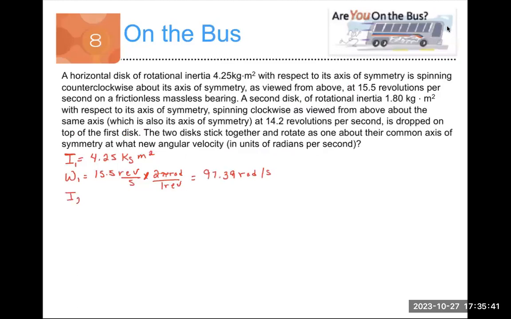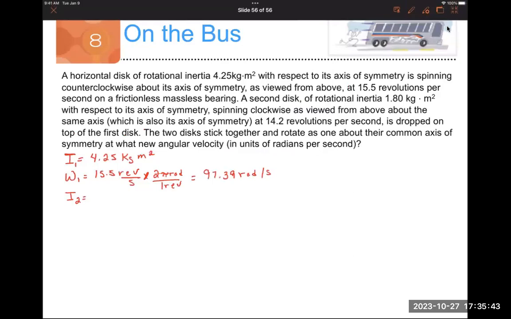So we have I2, which has a rotational inertia of 1.80 kilograms meters squared with respect to its axis of symmetry, and it is spinning clockwise. So we know that's a negative value. At 14.2 revolutions per second.